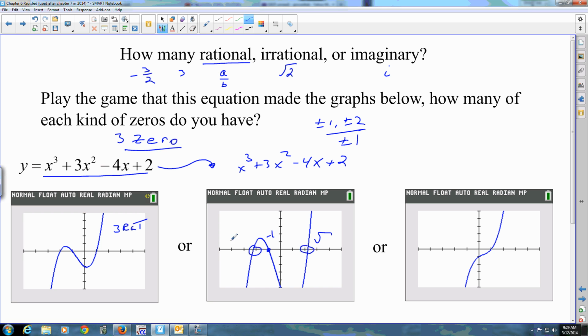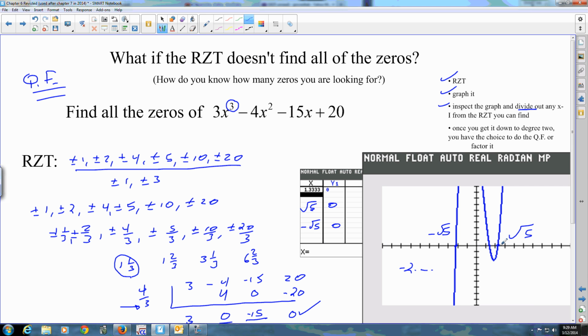They have to involve a square root, just like this one did, because those numbers did not show up in the rational zero theorem. They were not a part of this list. They're still real numbers. They're not imaginary because they're showing up as x-intercepts, but they're not in this list, so they have to be irrational.